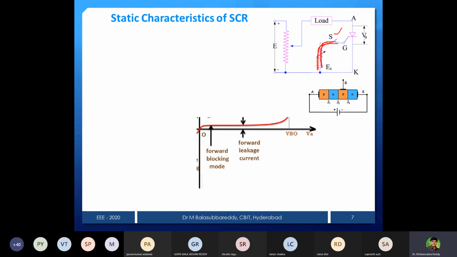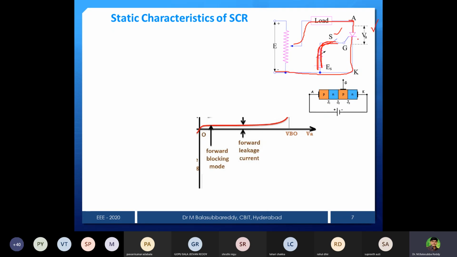Then what is connected? Only the anode is connected to positive, and the cathode is connected to negative. Then there is a voltage across anode and cathode that the voltmeter will read.